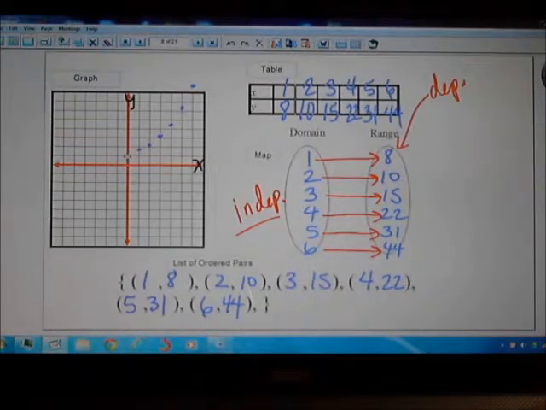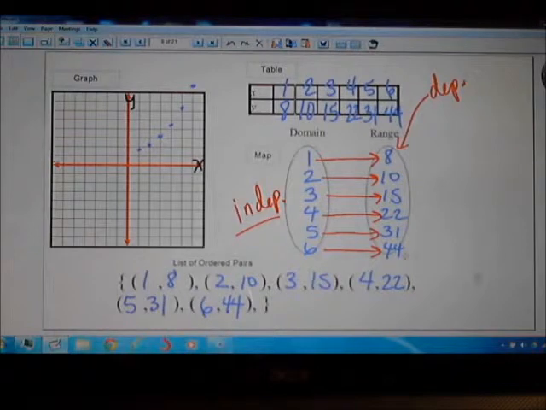The scale on my graph, my x values are in 1s and my y values are in 5s, so I can go up by 5, and I did that here so that I could actually fit everything on here. So this is my point 1, 8. If I go up 5 and a little bit more, nearly to my 10, that is my 1, 8. This is my 2, 10, up 5, 10, that's my point. And so those are all of my points.